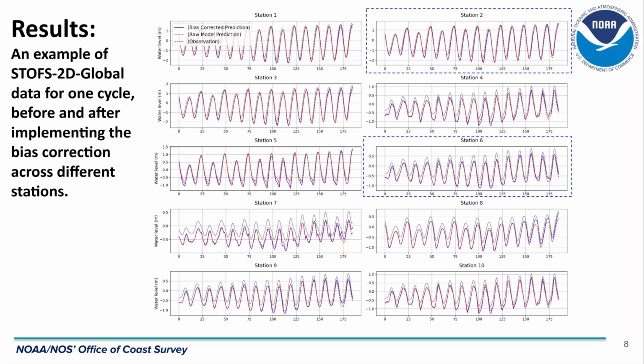As I said, Stofs-3D-Global gives us a time series for each cycle, for more than 7 days of forecast. And this is before and after we implement the bias correction. So at many of those stations, we can see how it improved using the Neurocast for bias correcting the data, and again for some of the unseen locations.